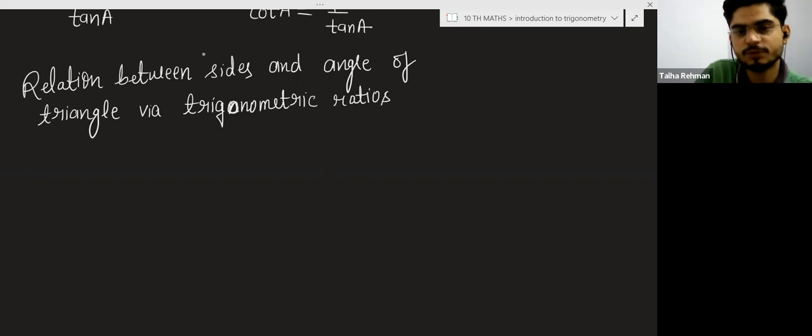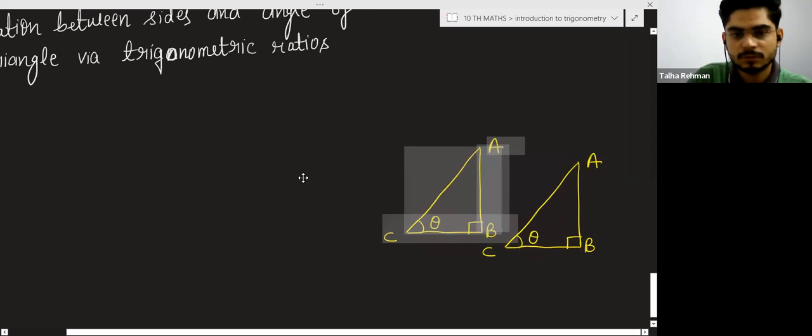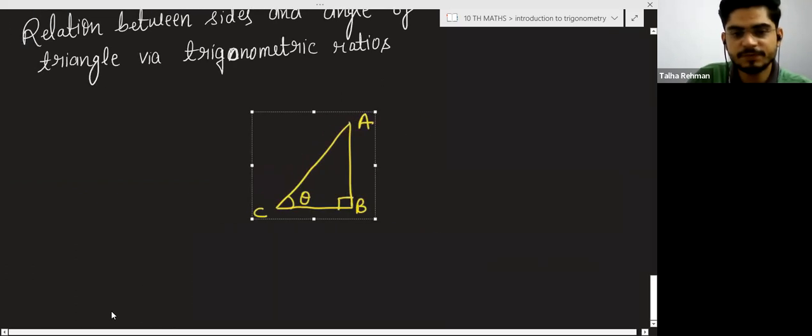When we solve the questions, everything will be clear. This is the triangle we have, and I will write everything according to this triangle. With respect to this angle, this side AB is perpendicular, opposite to the 90-degree angle this side AC is hypotenuse, and the remaining side is base.